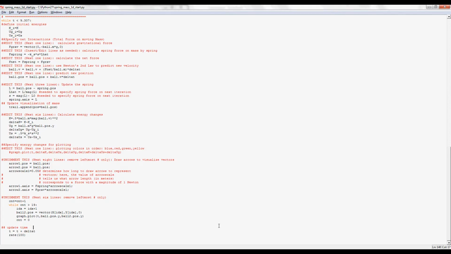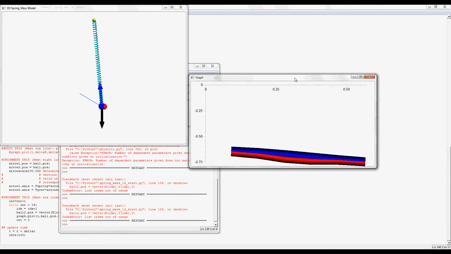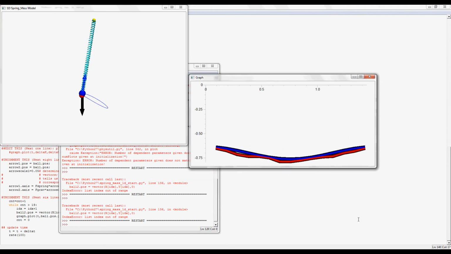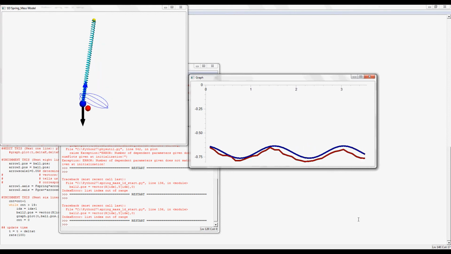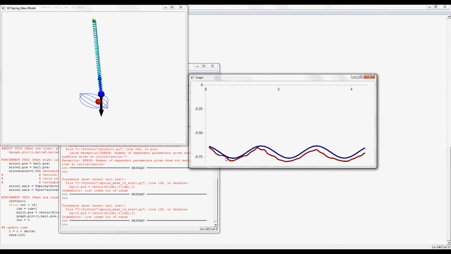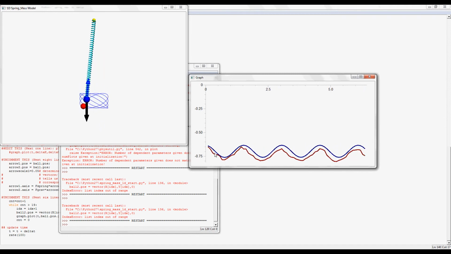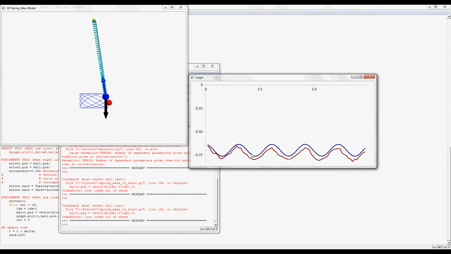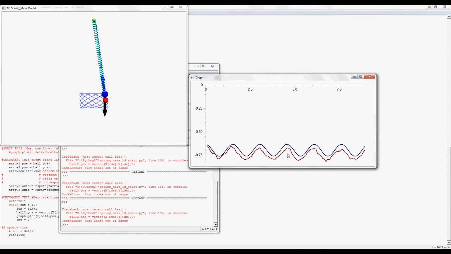Here you can see the difference in the positions of both the observed and the modeled motion. As you can tell, they are very similar. The only difference is that the modeled motion seems to be at a higher position than the observed position.